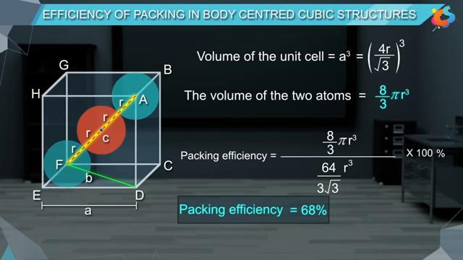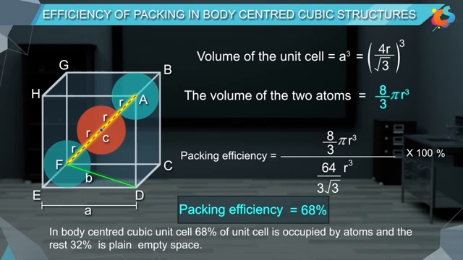Packing efficiency is equal to 68%. In body-centered cubic unit cell, 68% of unit cell is occupied by atoms and the rest 32% is empty space.